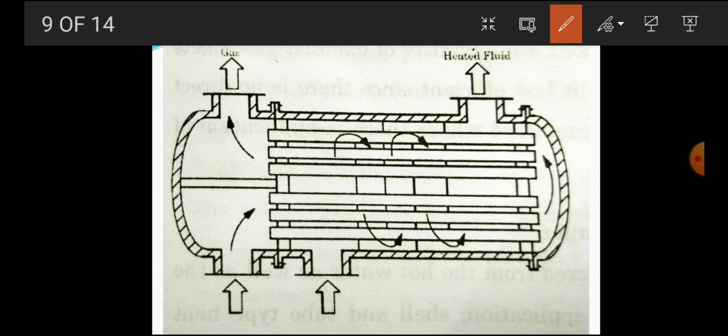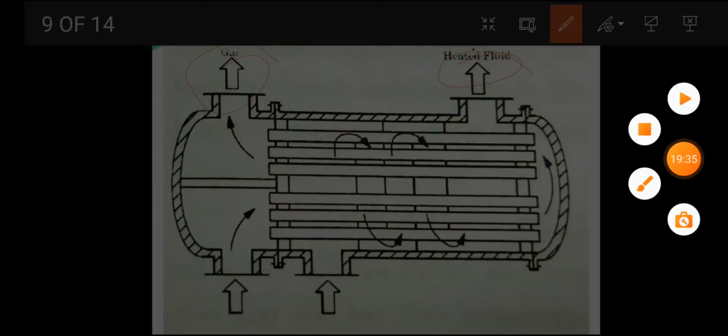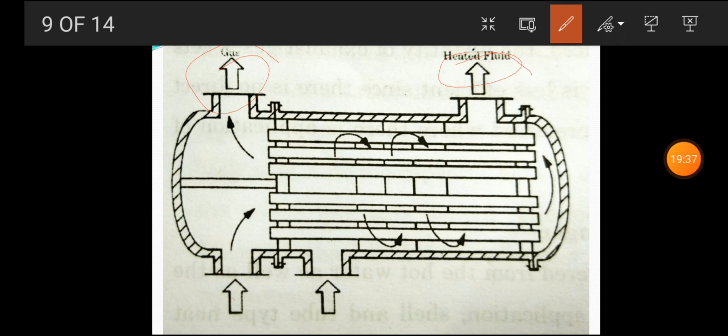As you can see, this is the gas outlet and this is the liquid outlet. So the gases are passing in the tubes and moving out, while the fresh air is passing through the shell and moving in this direction.